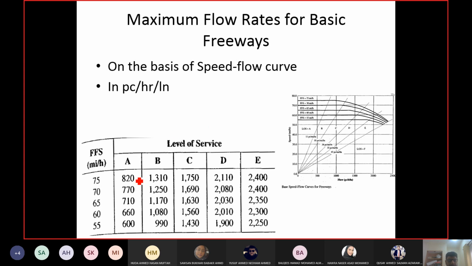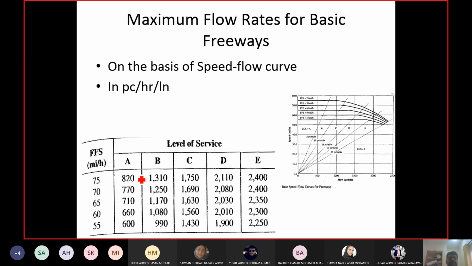The capacity. No, that is capacity, not service flow rate. Maximum flow rate for each level of service, that is service flow rate. You see here, flow rates are mentioned for each level of service, right? So the maximum flow rate at each level of service is known as its service flow rate.